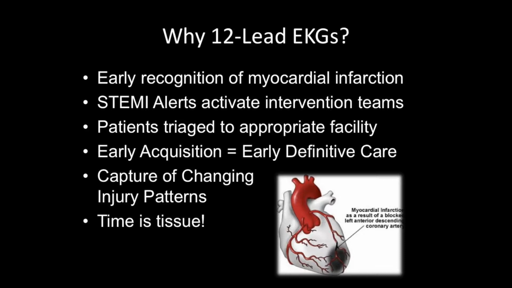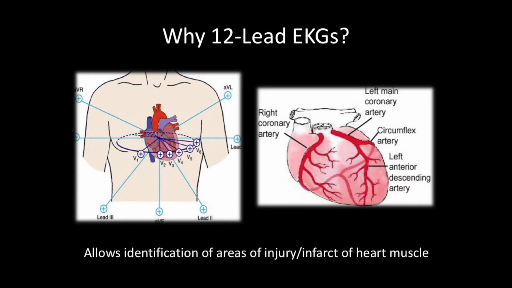And the whole focus of all of this is that we want to save time, right? So we want to get the patient to this intervention as soon as possible. Time is tissue, time is muscle, those are the statements that you will hear in conjunction with this. Okay, so the 12-lead EKG is basically cameras that look at the heart, and they look at the heart from different angles.